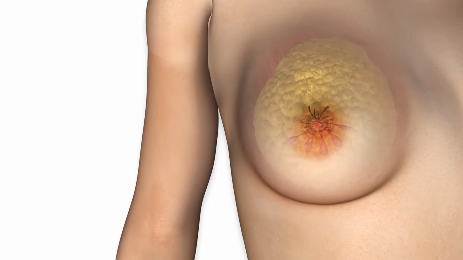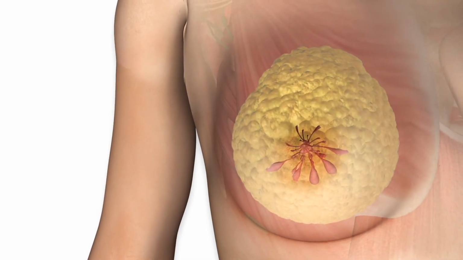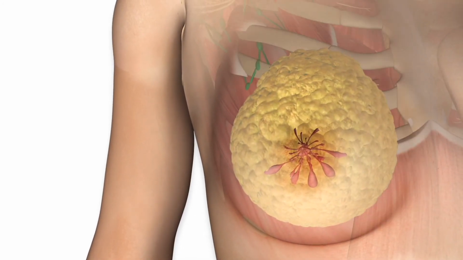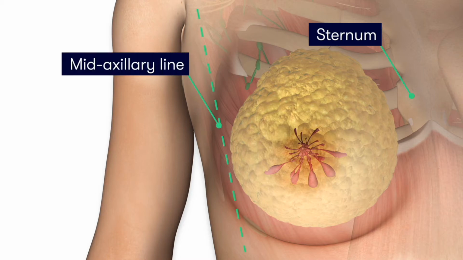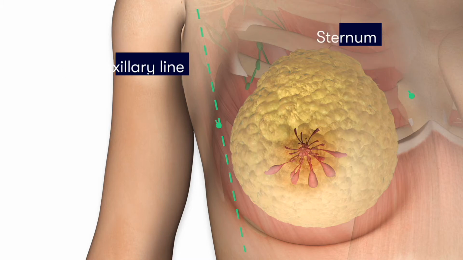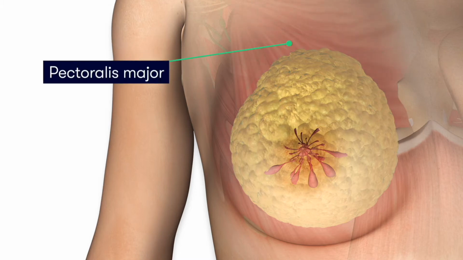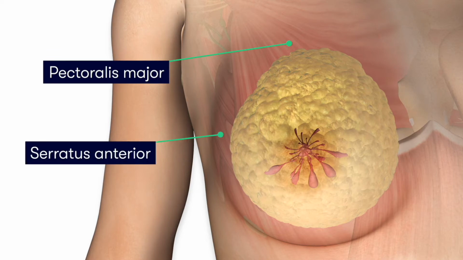The breast itself lies between the second and sixth rib anteriorly, and it extends from the edge of the sternum to the mid-axillary line. With regards to the underlying muscles, the breast tissue lies upon the pectoralis major and the serratus anterior on its lateral aspect.